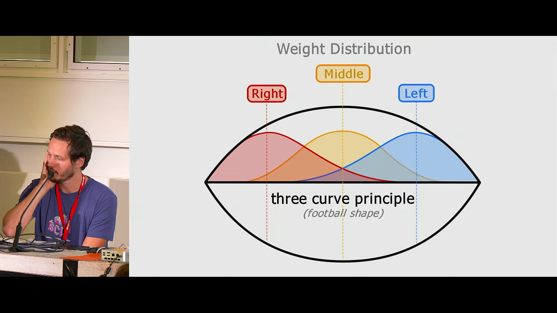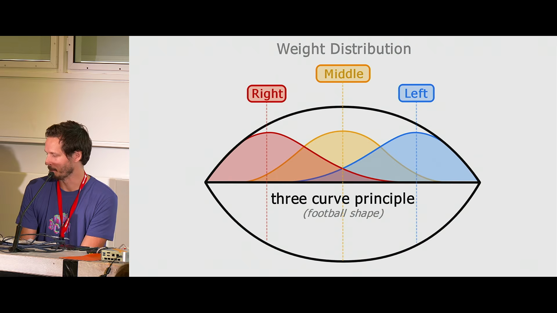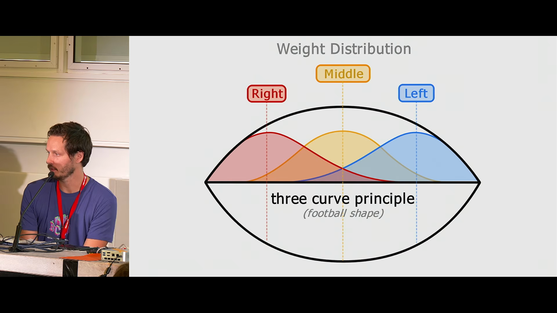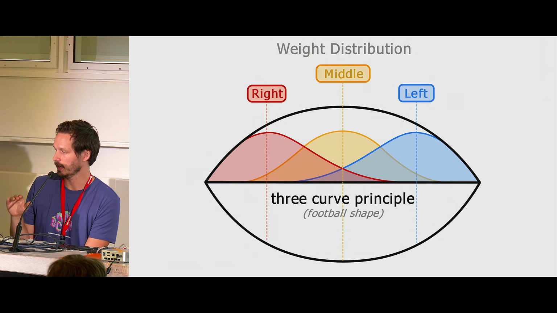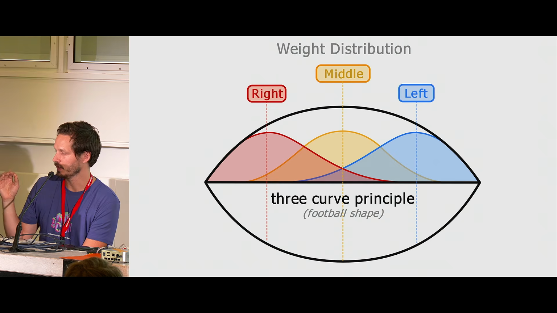Before going into the mouth, I wanted to give a little bit of principle theory about how to treat the mouth and also the eye, where the weight distribution is using the 3-curve principle. It's a football shape where the corners have a very sharp falloff, while the middle and the left and right side have their own falloff, and they overlap each other in a linear way where you keep those corners very nice and sharp.